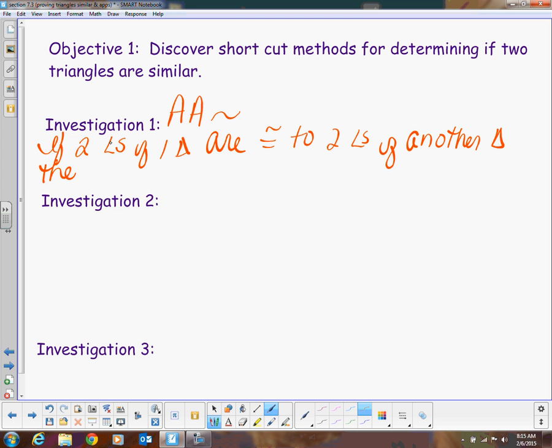If 2 angles of one triangle are congruent to 2 angles of another triangle, the triangles are similar. Because we're talking about 2 angles of one and 2 angles of the other. We're going to talk about this a little bit more.